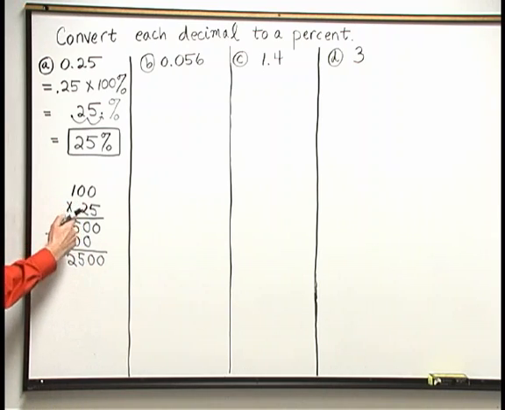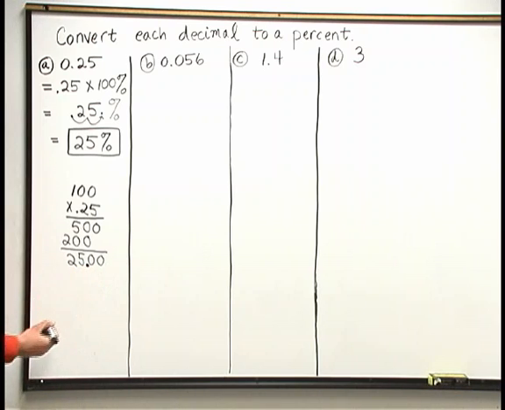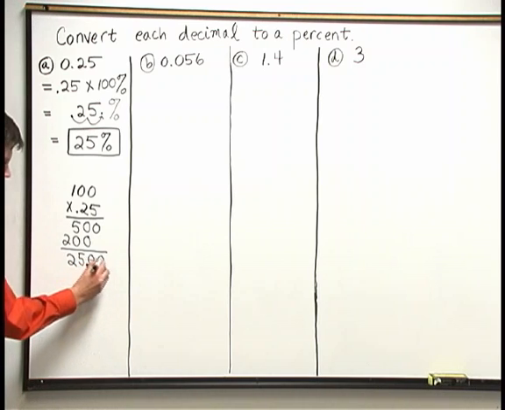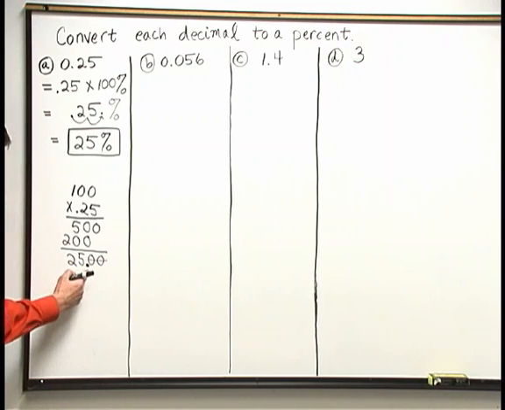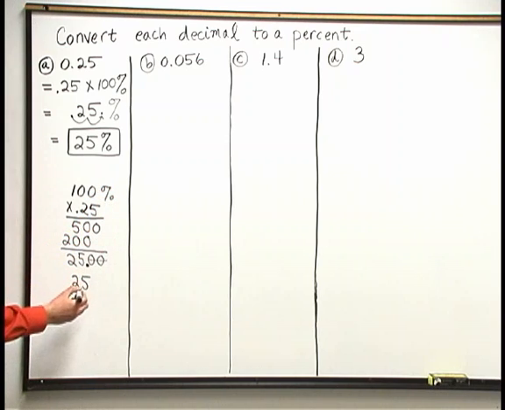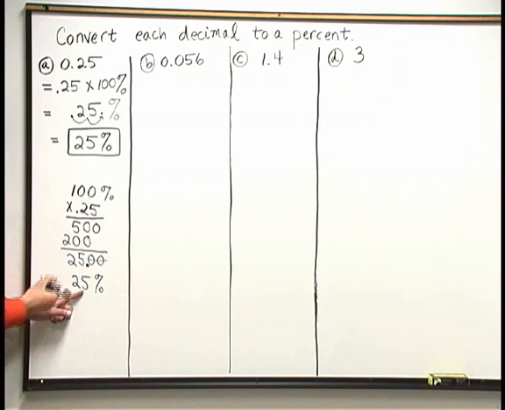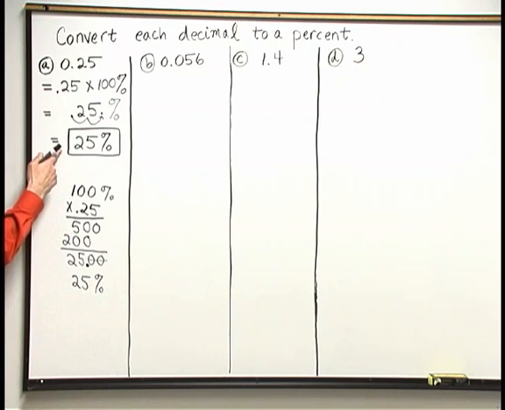Let's see, I have a total of 2 decimal places in the numbers I'm multiplying. So I start at the right and I move 2 places over to here. I get 25.00. I don't need to write those zeros on the end beyond the decimal point, so I have a result of just 25. Because I was multiplying by 100%, my answer here is 25%. 25% is the same as the answer we got using the shortcut method.